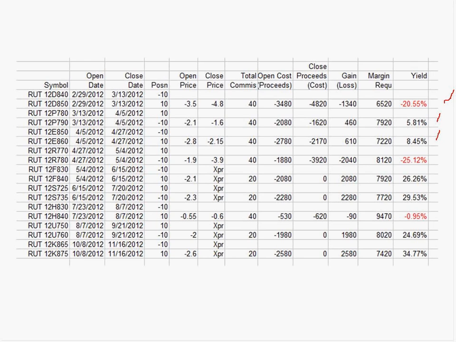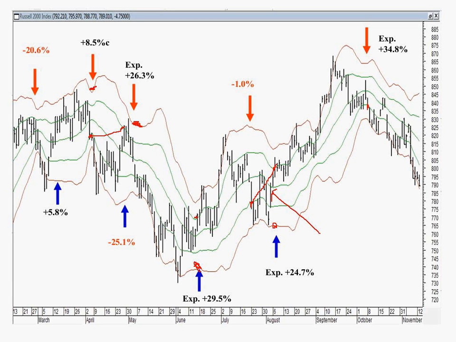How many DTE to expiration? How many days to expiration do you use to position the trade? The first one with over 21 days.